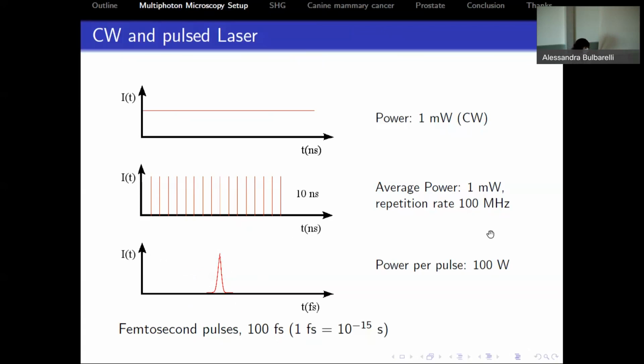And so there are some numbers here, but if we compare, for a laser with 100 megahertz repetition rate, we can, with a femtosecond pulse, have with the same average 1 milliwatt power, a power per pulse on the order of 100 watts. That's 5 orders of magnitude higher as compared with the average here.